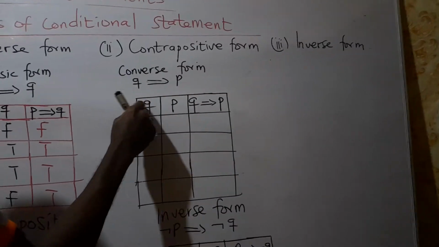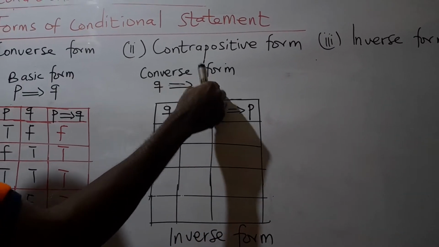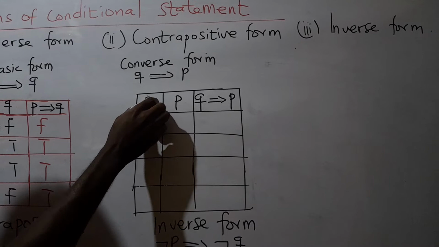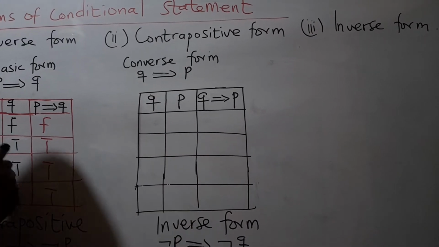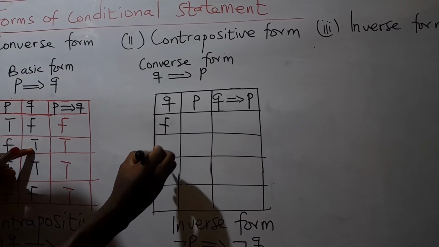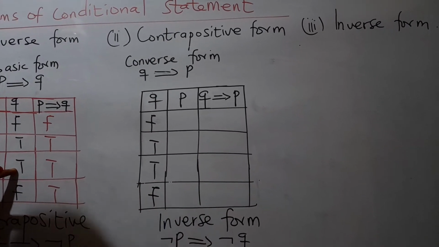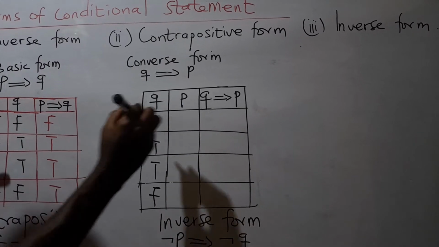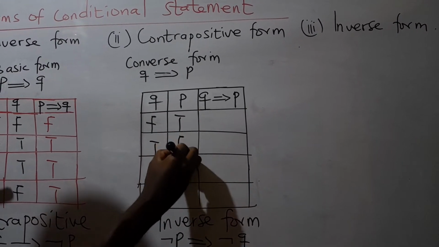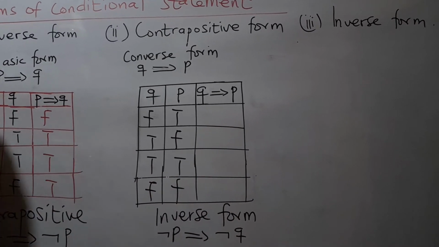So the converse form is if Q, then P. So now let's copy the true value for Q here. Remember the true value for Q are false, true, true, false. And for P it is true, false, true, false.